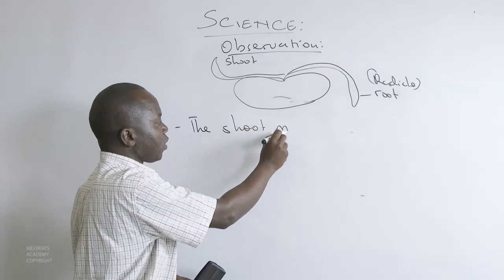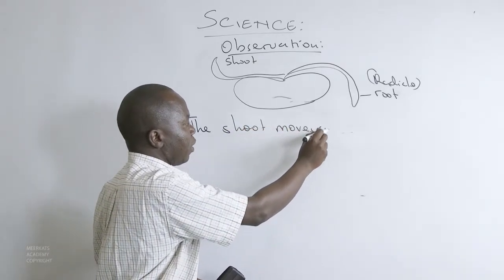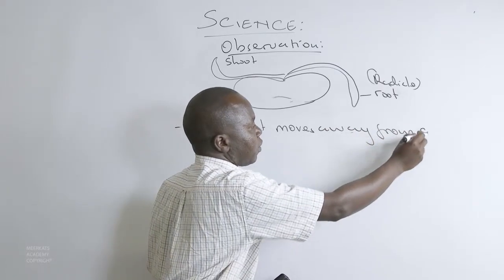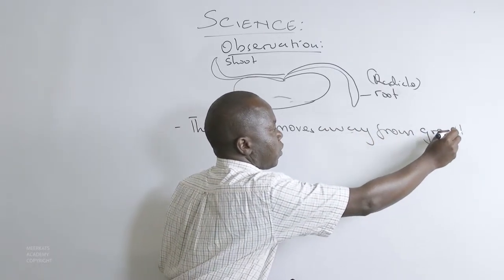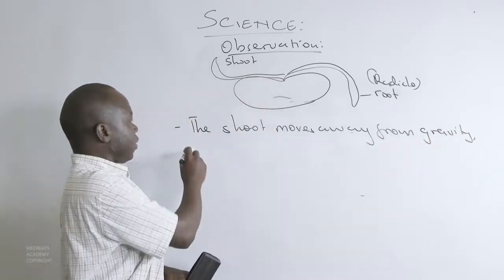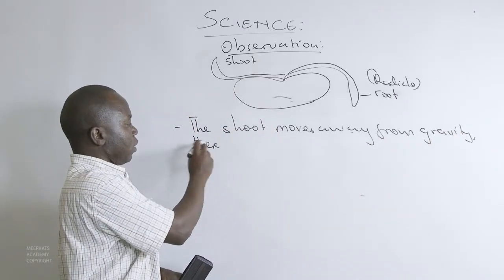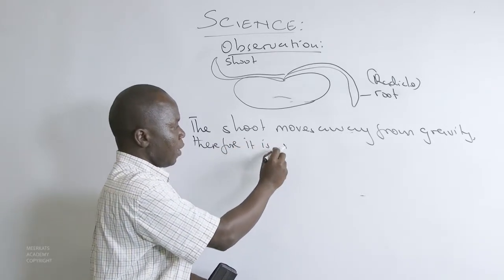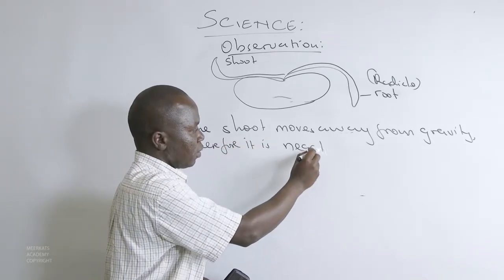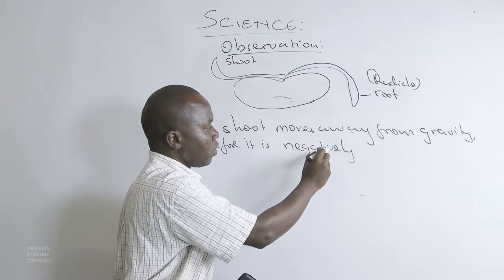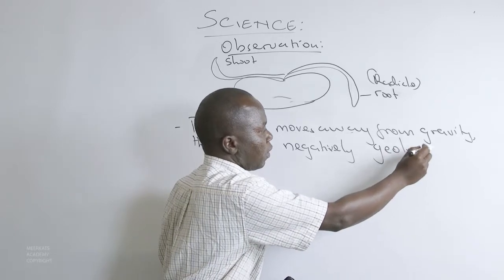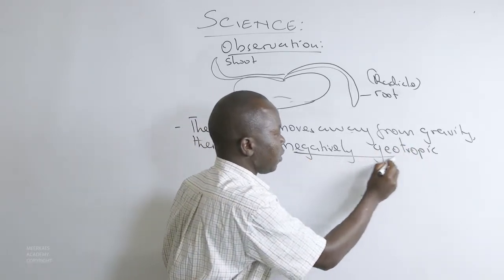The shoot moves away from gravity. Therefore, it is negatively geotropic.